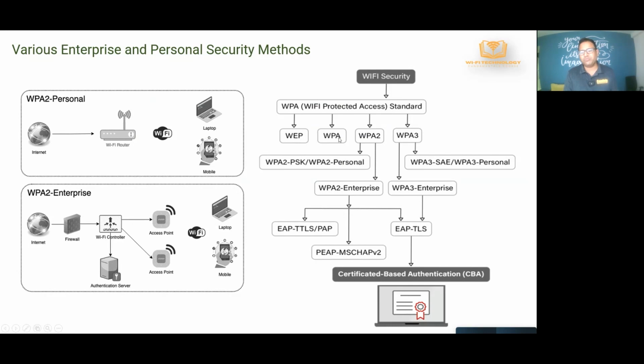WEP, WPA, WPA2, and WPA3 are all used for personal security, where you have pre-shared keys. But WPA, WPA2, and WPA3 can also be used for enterprise, and various enterprise authentication methods can be used in conjunction with the encryption methods like WPA2 and WPA3. We'll talk about that in detail in the coming slides.